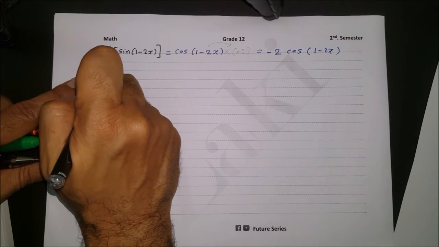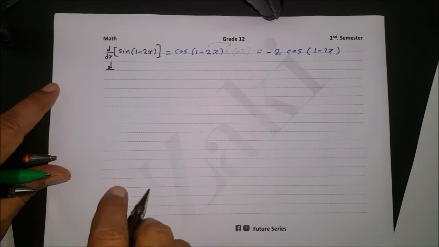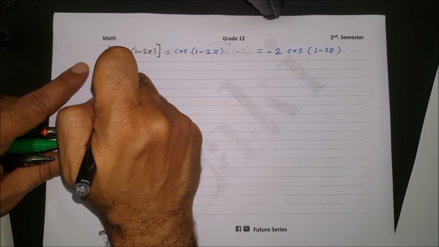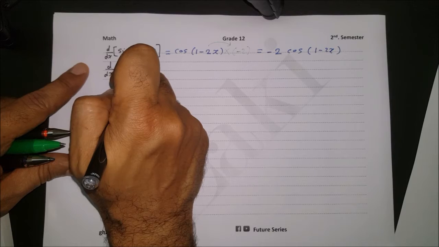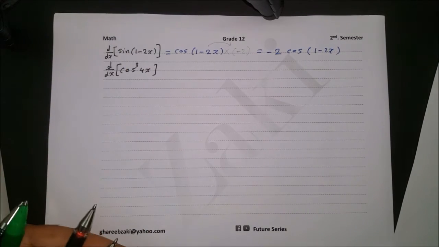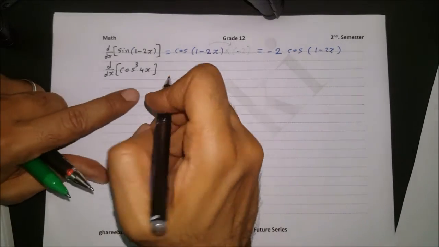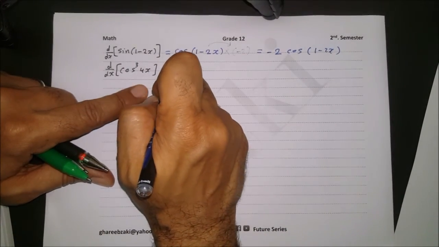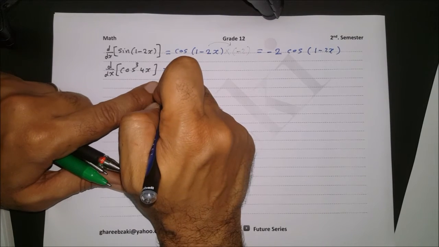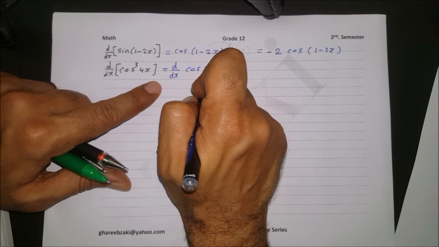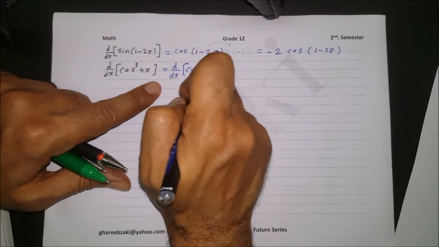Another example, the second part of try by yourself 11, d by dx of cosine cubed 4x. We rewrite this as cosine to the power 3. So we write this as d by dx of cosine 4x all to the power 3.